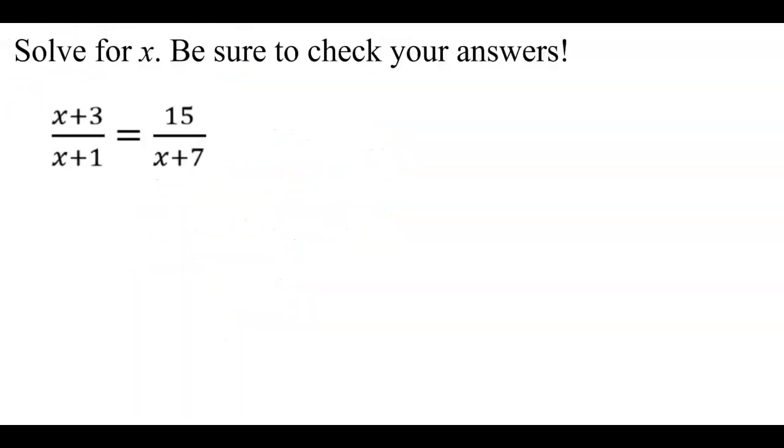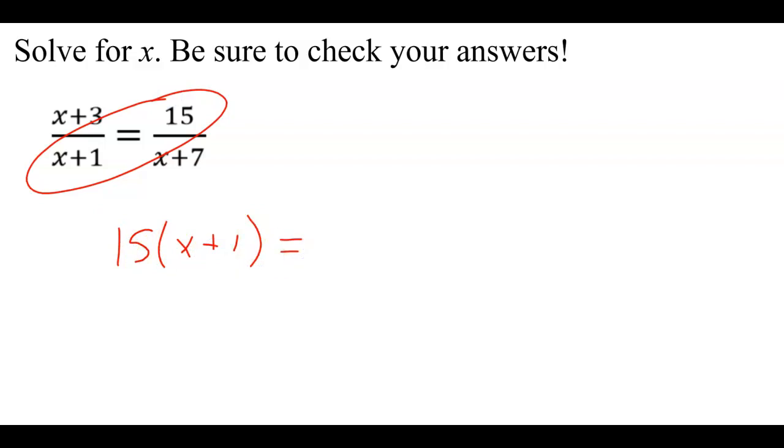And our last example for today, okay, we have another rational, or a fraction equals a fraction. So if I cross multiply, it doesn't matter which way you go first. Let's do 15 times x plus 1. I'm just going to write it out first. Equals, and if you cross multiply the other way, and if I'm going too fast or you need a second to write this down, remember you can always pause it. x plus 3 times x plus 7.